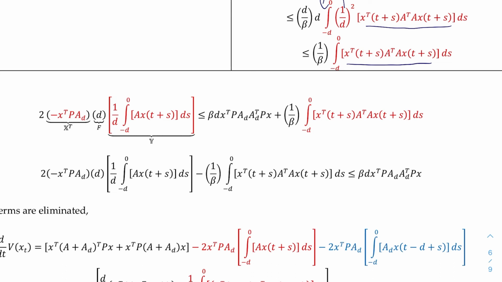First we upper bound that v dot expression, and then we need to prove that the upper bound is negative definite. Then we will conclude that since the upper bound is negative definite, v dot is negative definite, and hence the stability.